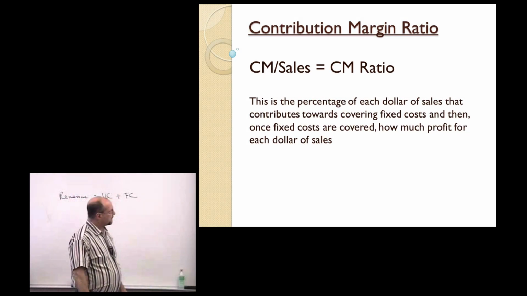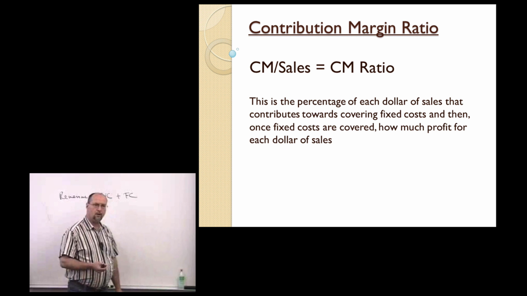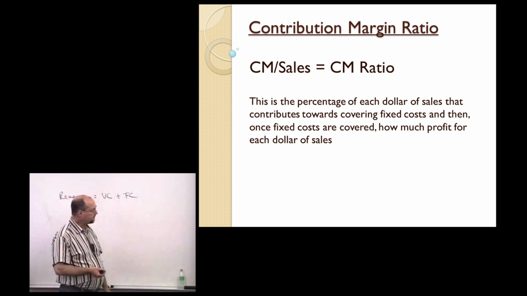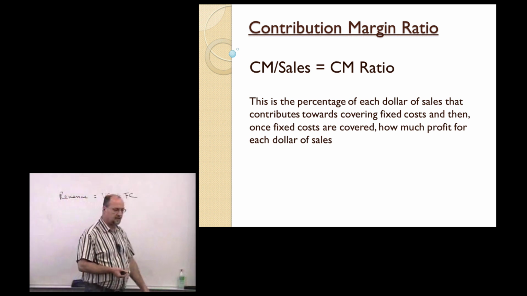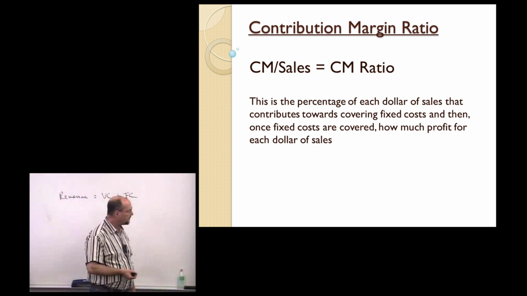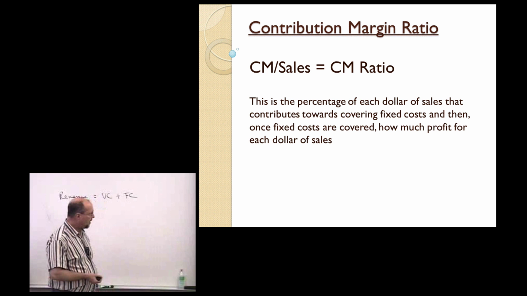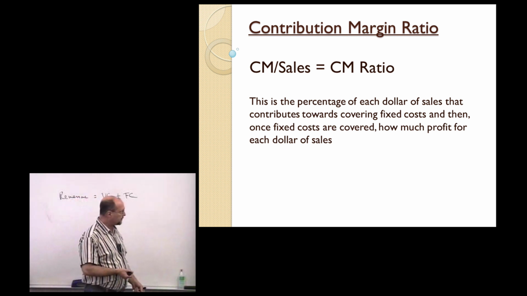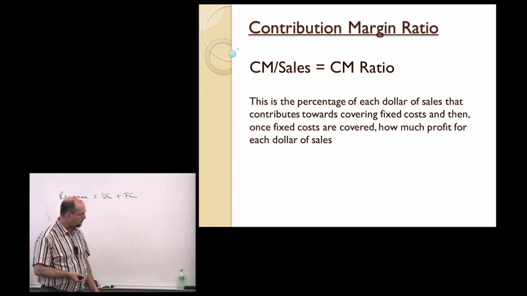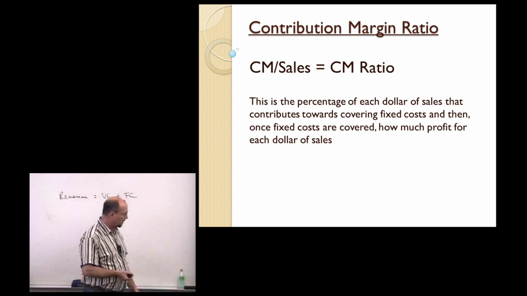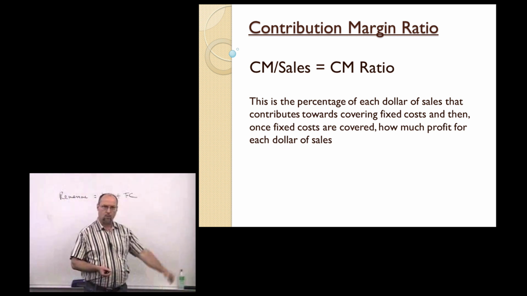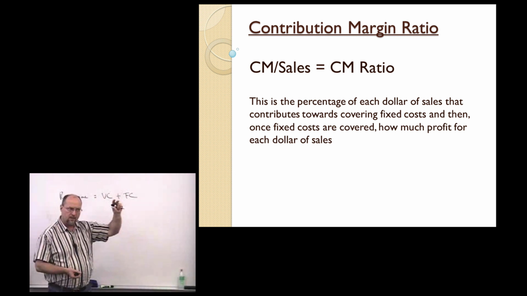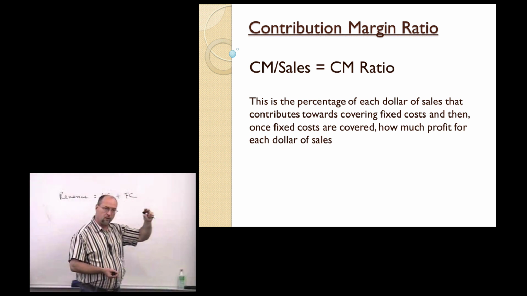We also have to calculate what's called the contribution margin ratio. Contribution margin divided by sales gives us the contribution margin ratio, and this is the percentage of each dollar of revenue that contributes towards covering fixed costs, and then once fixed costs are covered, how much profit for each dollar of sales. Okay, so $1 of revenue, we subtract whatever the variable cost is per unit, which is a fixed number.